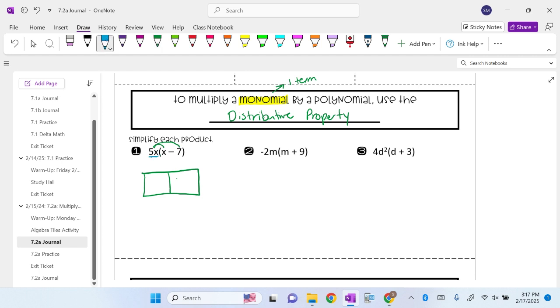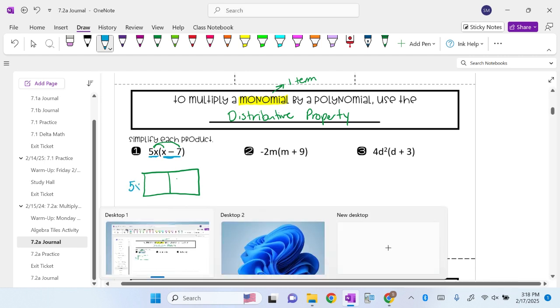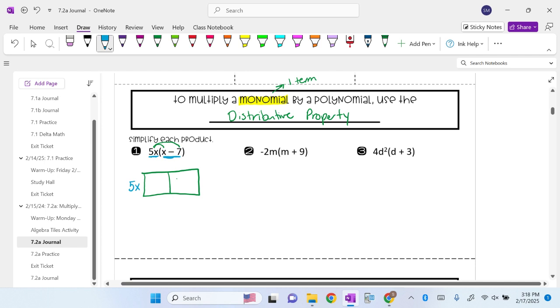So 5x is one factor, x minus 7 is another factor. And remember, factors are the two or more numbers, expressions, whatever, that you're multiplying together. So you put your first factor on the side and your second factor across the top.